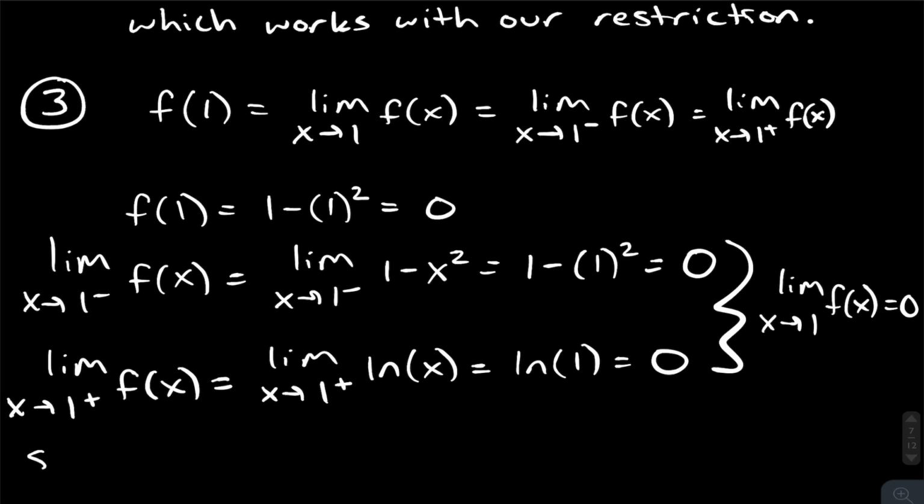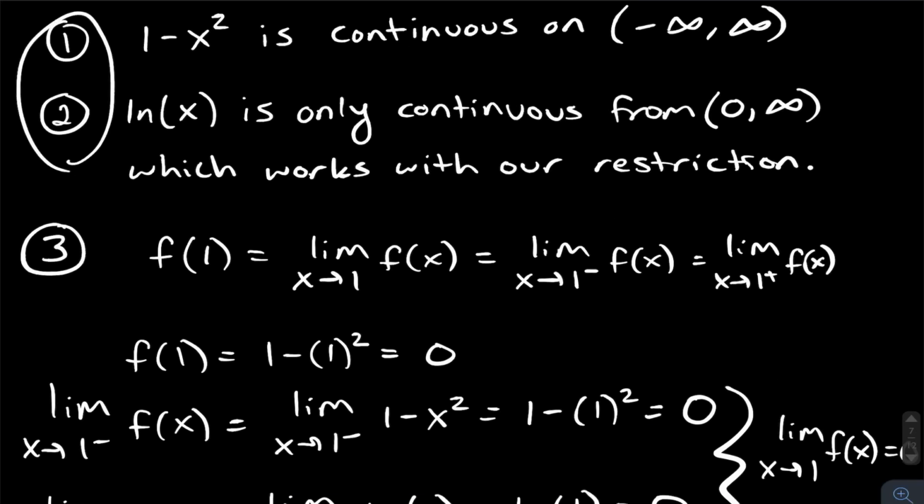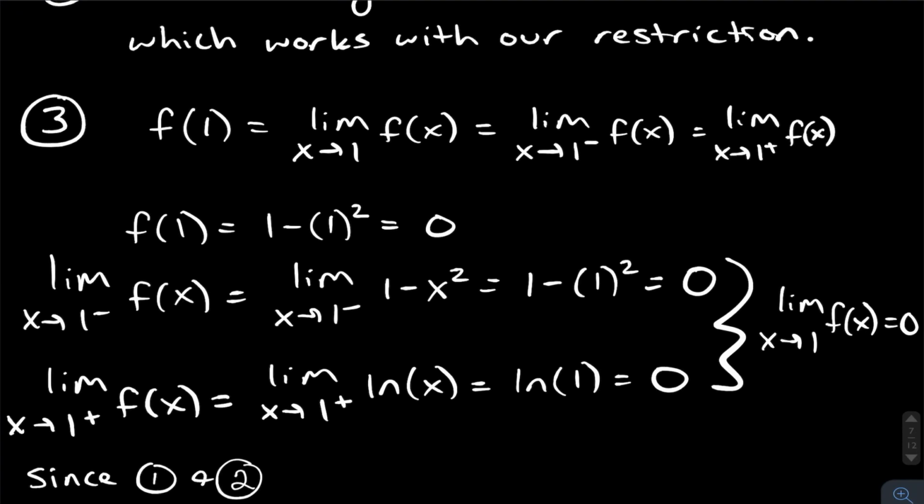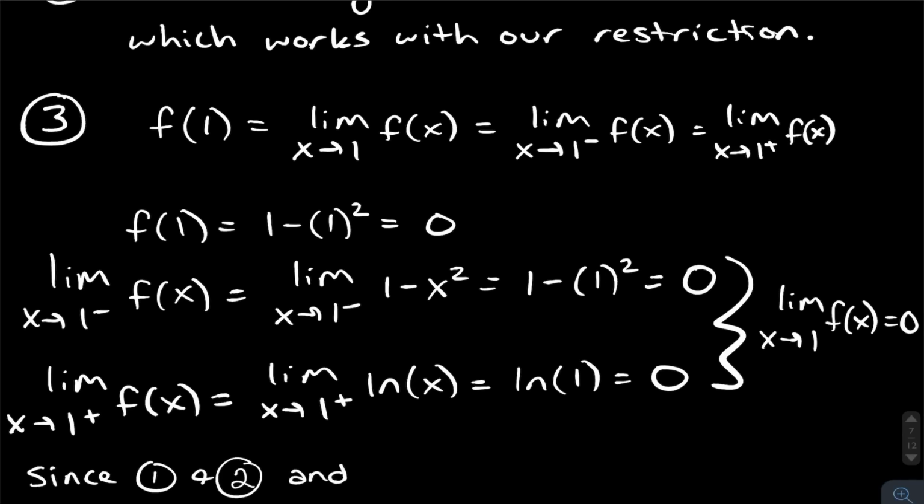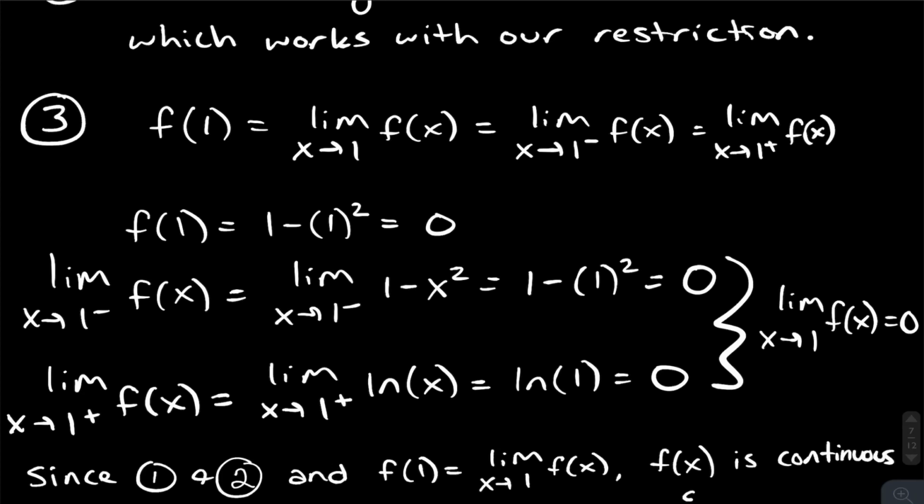Okay, so we could say that since 1 and 2, since these two things, and f of 1 equals the limit as x approaches 1 of f of x, the function f of x is continuous on negative infinity to infinity.